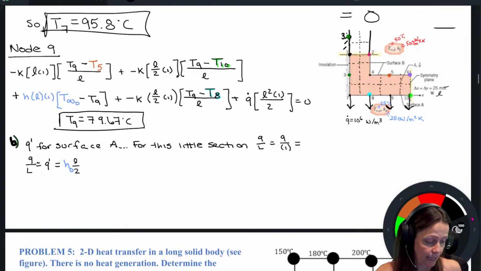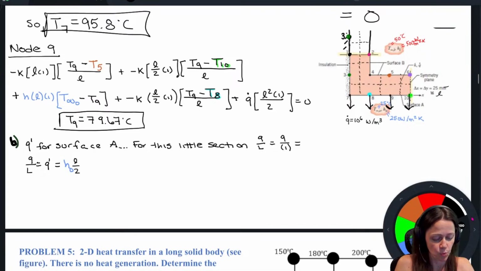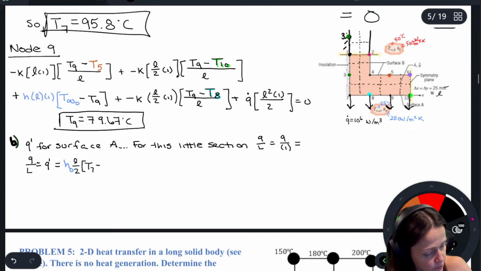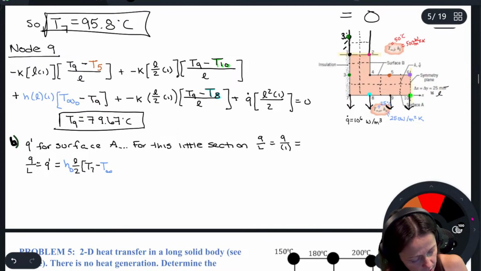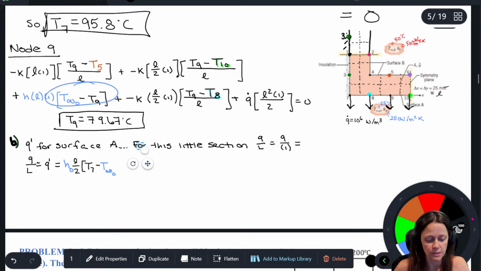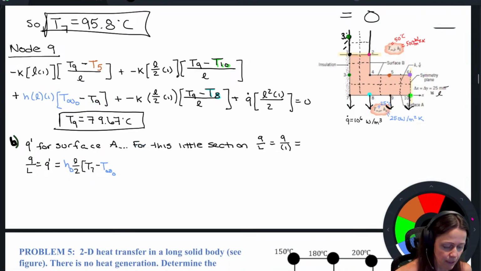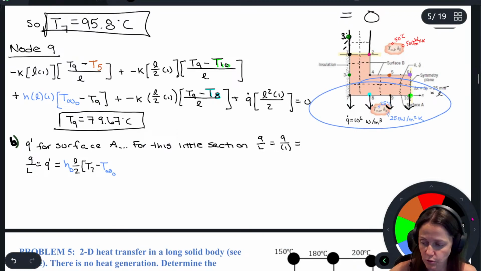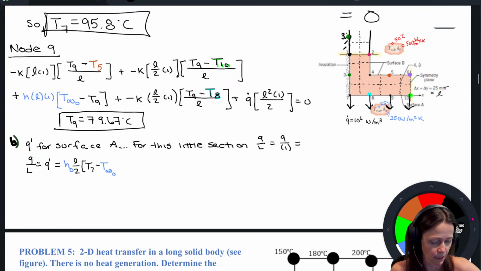And then times the 1, but the 1's been divided out because it's per length, times T7 minus T infinity out. You'll notice up here it was T infinity first, and down here T7 is first. The reason is the way that I've drawn those arrows up there. So it's going to be T7 right at the beginning of the arrow minus T infinity.